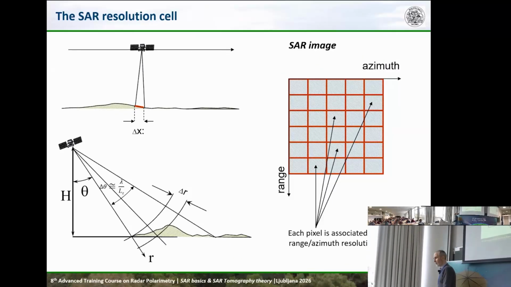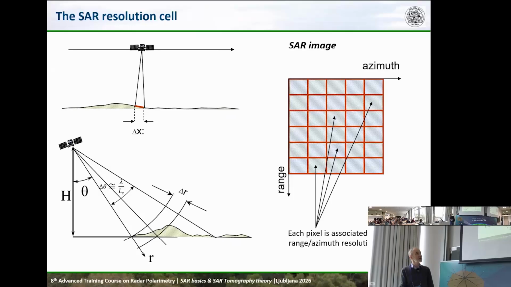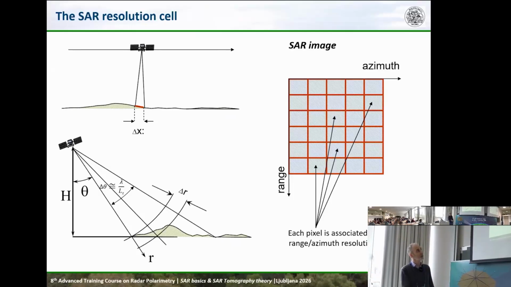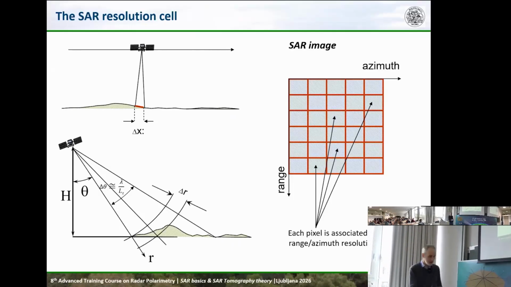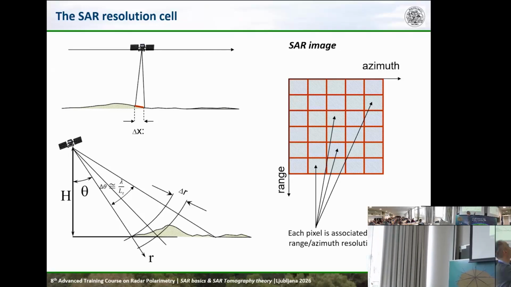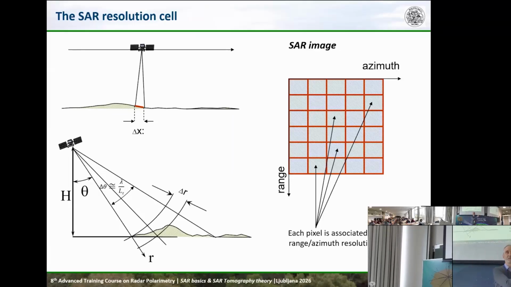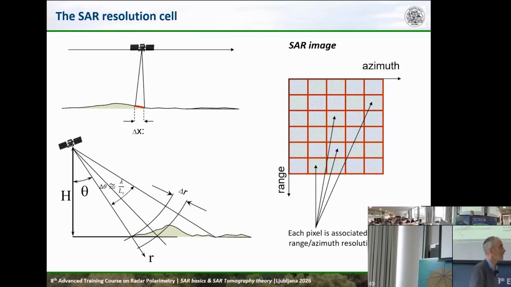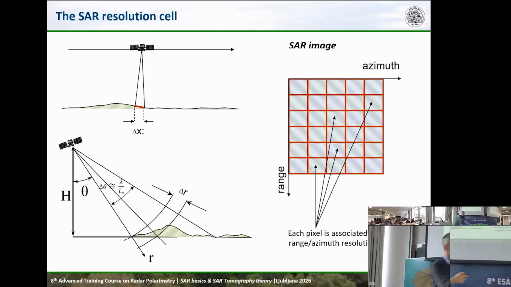What does it mean? Well, let's imagine that this is a SAR image in the coordinates of range and azimuth. I am just realizing now that I didn't define azimuth. Azimuth is x, the direction of flight, so super easy. And range is just the distance.